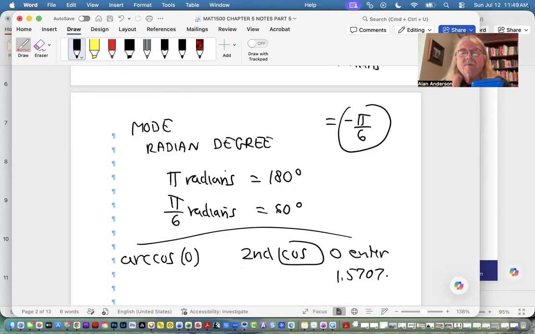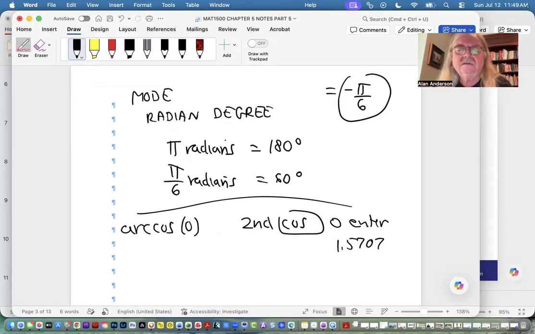Actually, I'll tell you, first let me put it in degrees mode just to see what it says there. Okay, so it's 90 degrees. Okay, I get it.